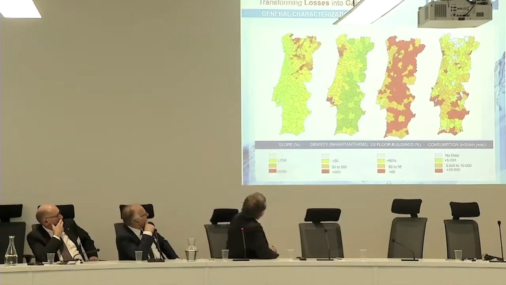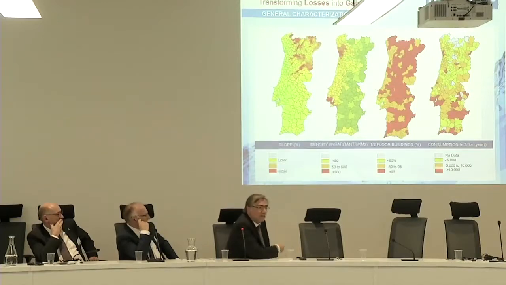As you see, the big consumption, the big density is near the sea and Lisbon and Oporto, and we have a curious situation because I made this chart. Above 95% of the buildings here in red are 1 or 2 floor buildings, which means it's not necessary to have such a high pressure in Portugal.